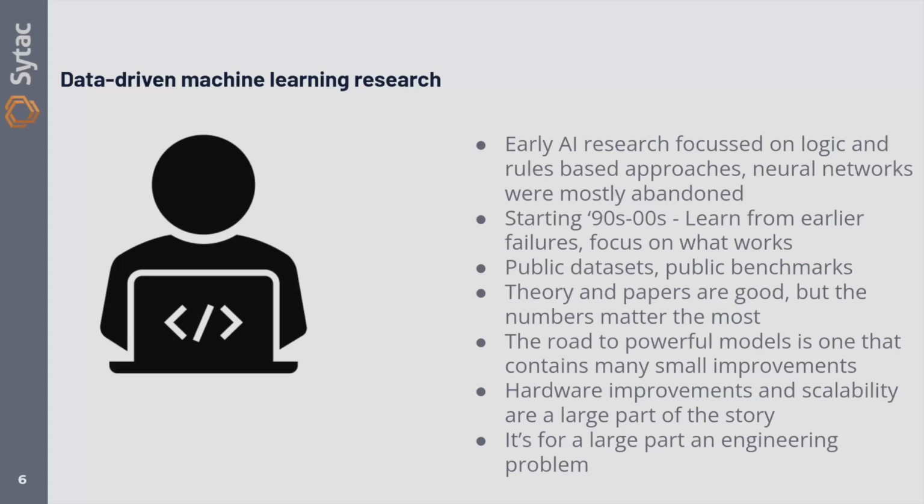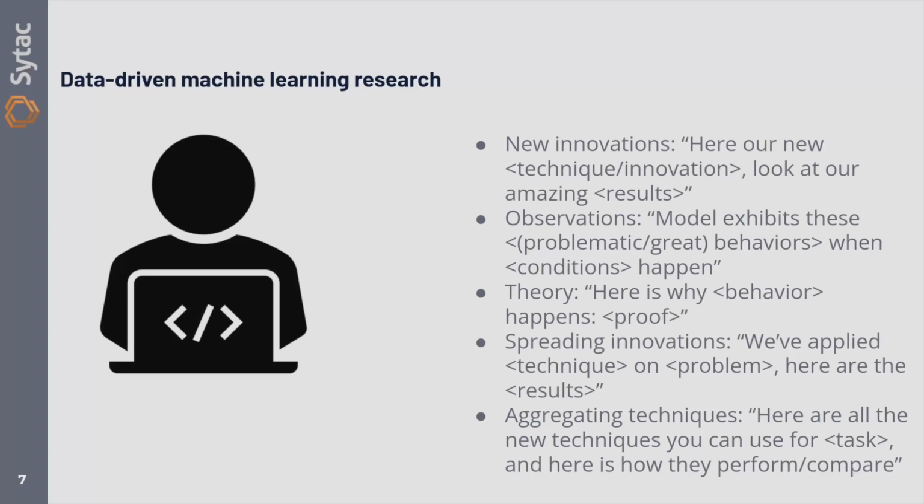Some of those rise to the top, and we build on top of that. If you read a lot of papers, these are the types of papers that you see. The big ones, of course, are the new innovations: we have a new technique, a new concept, look how well this does.